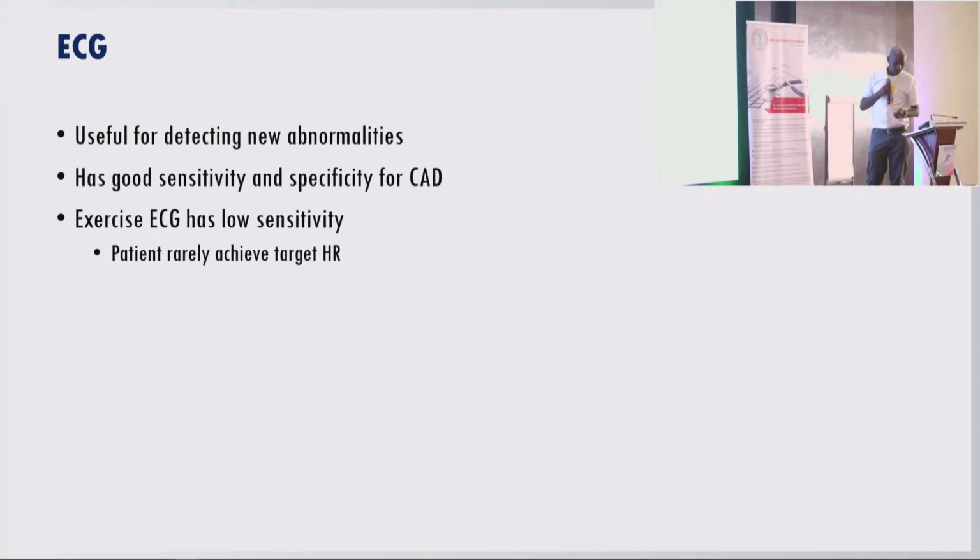So for the cardiac workup, of course, basics, you take a nice history, you examine your patient, but usually at the end of the day, you'll need an ECG, which is very useful in detecting abnormalities, has a good sensitivity and specificity for coronary artery disease. Probably you don't get a lot by doing an exercise ECG, so a basic ECG would be enough.